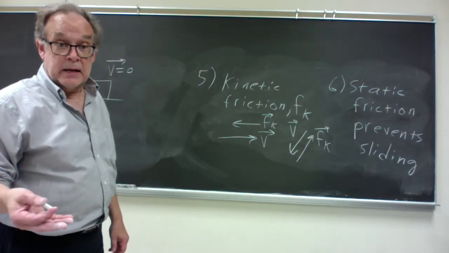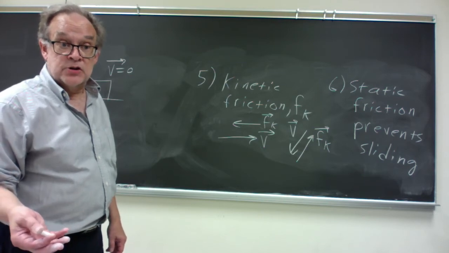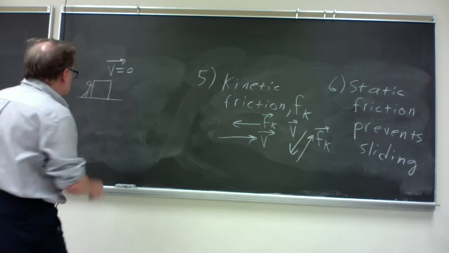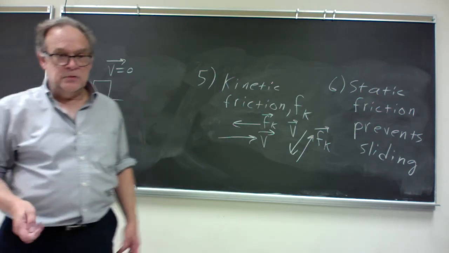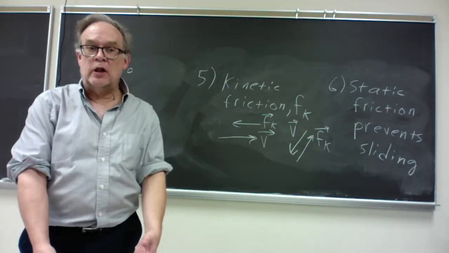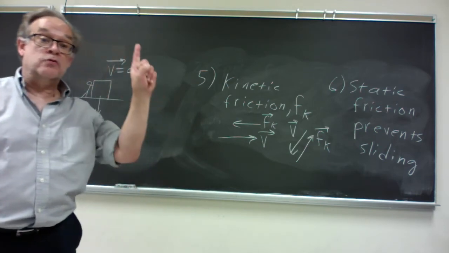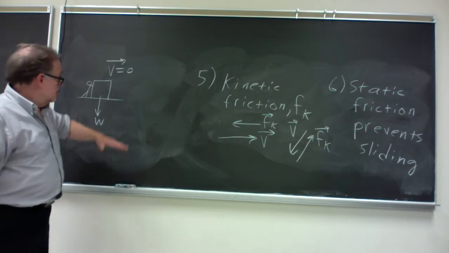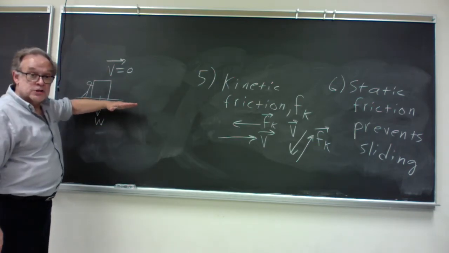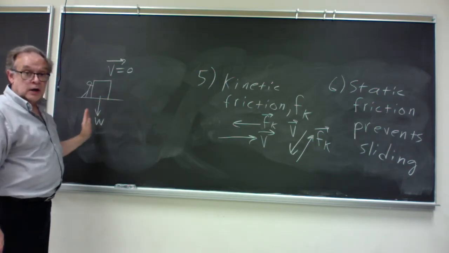Well, the crate has mass, so it feels a gravitational force from the Earth. It feels weight pulling down on it. But the crate is not falling, so there must be some upward force that cancels out the weight and keeps it from falling. That would, again, be a normal force from the floor on the crate.